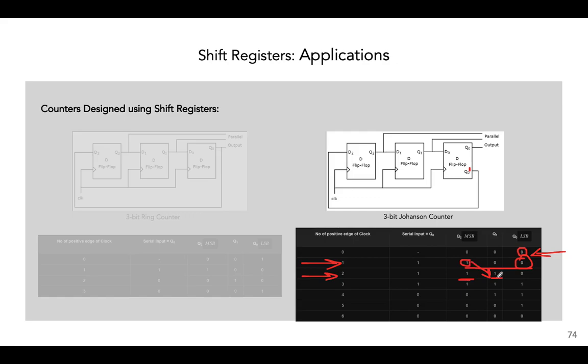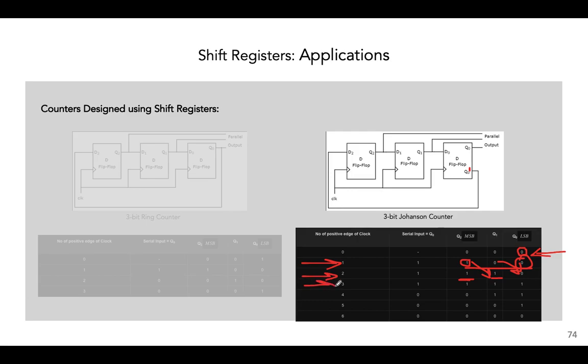This one is being shifted, because shifting is still going on, right? This is a shift register essentially. So this bit is moved to the next position. The complement of this output is moved into the first flip-flop, and this is shifted to this position. And so far we have counted 2 clock pulses.